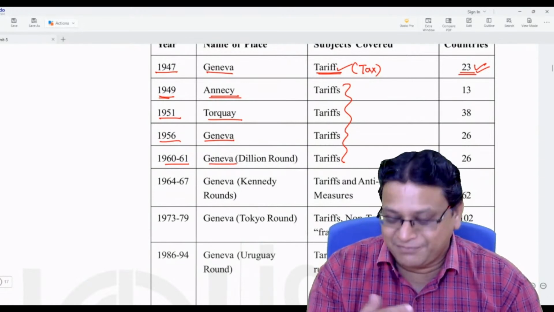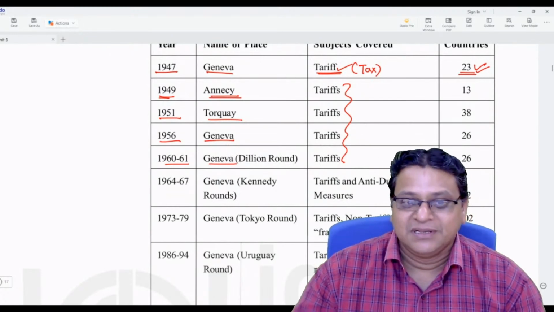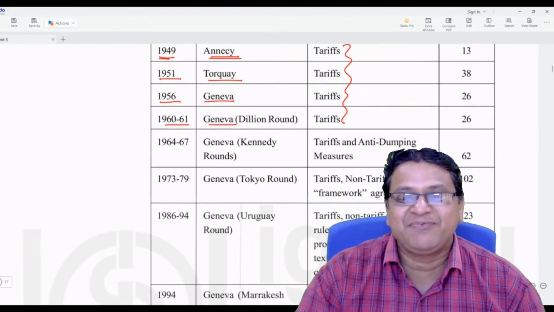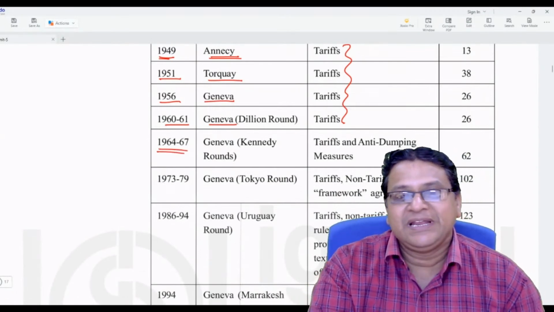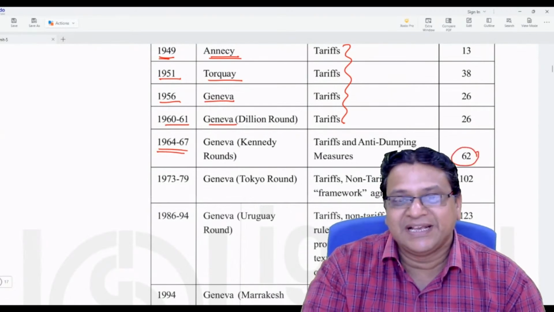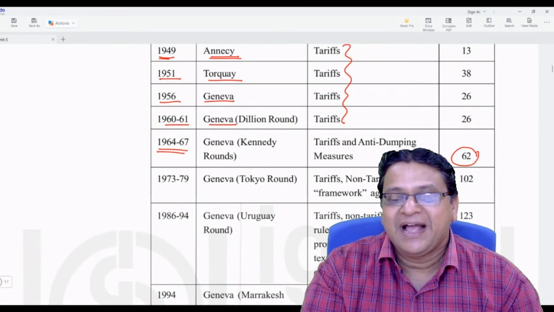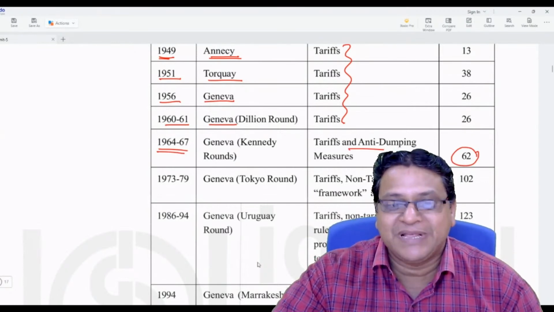In Geneva it again came down to 26. But in the year 1964 and 67, a milestone occurred in the history of GATT where 62 countries agreed upon the GATT agreement and they have discussed tariff and anti-dumping measures.